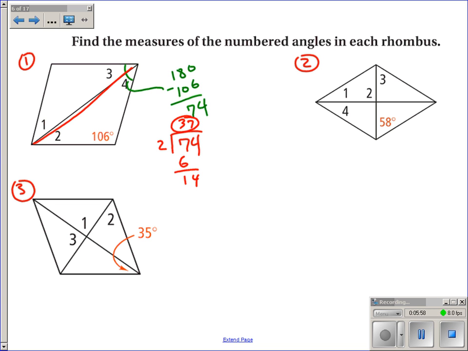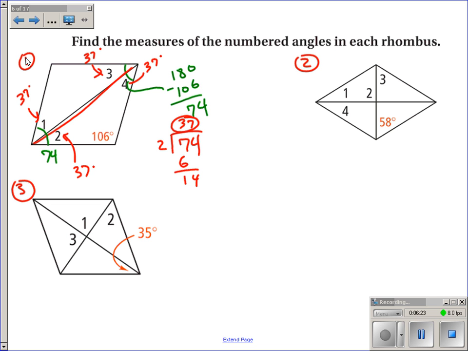Okay, so angle 3 is equal to 37, and angle 4 is equal to 37 degrees. Now for the exact same reason, angles 1 and 2 together, this big angle, is also equal to 74. And the diagonal also cuts 1 and 2 in half, and so angle 1 is 37, and angle 2 is also 37.